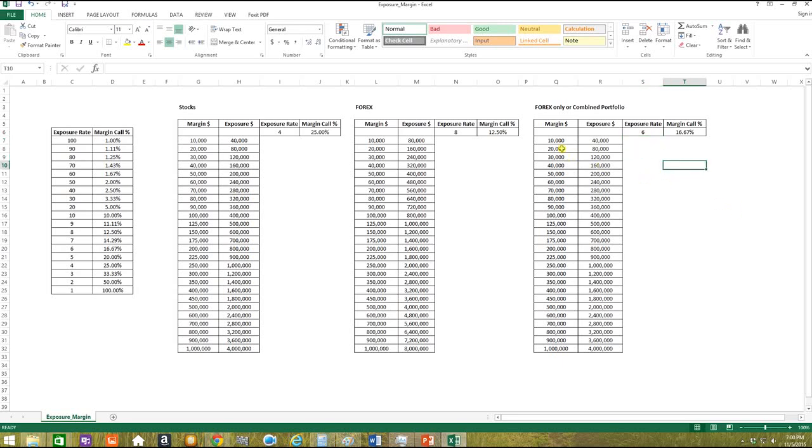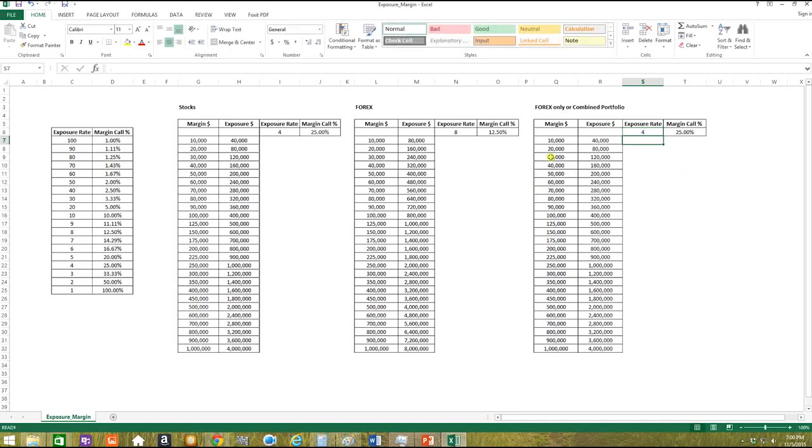So when we go from, say, $20,000 margin, once we're making money, we go from, say, being 4 times or 5 times exposed with our $20,000 margin, and when we make money and go up to 30,000, we could actually increase our exposure rate to 5 times.